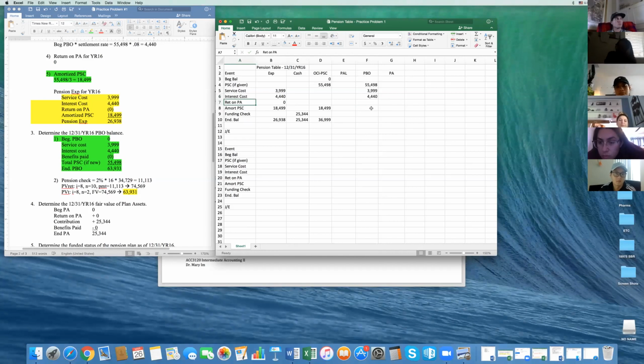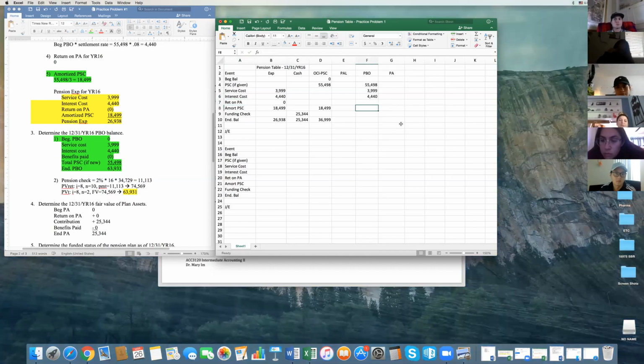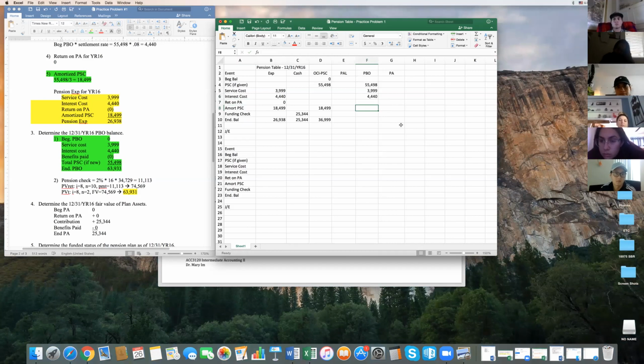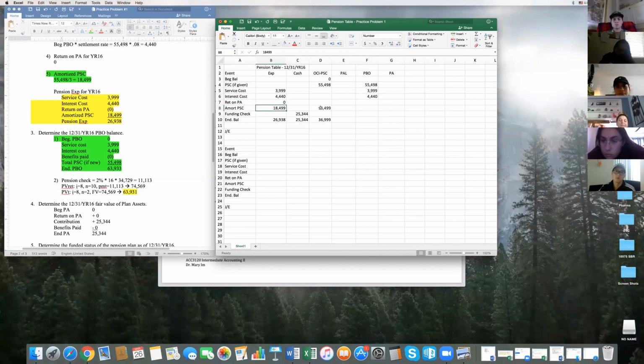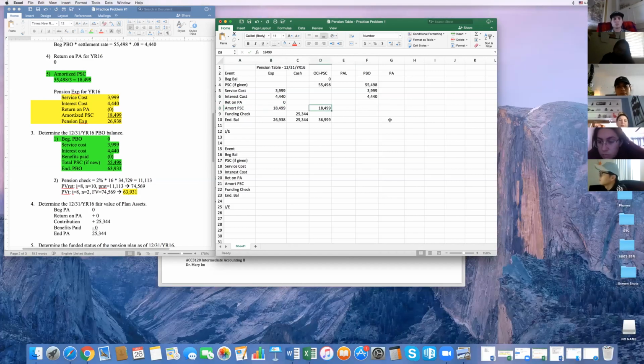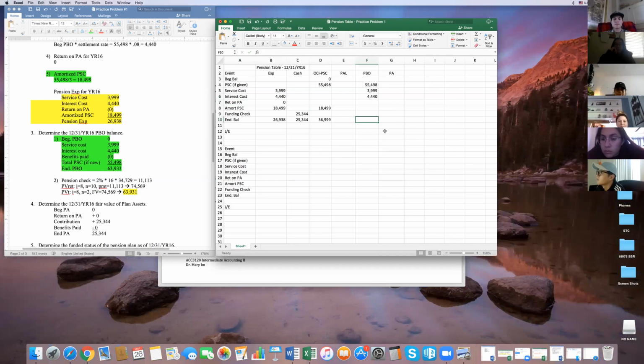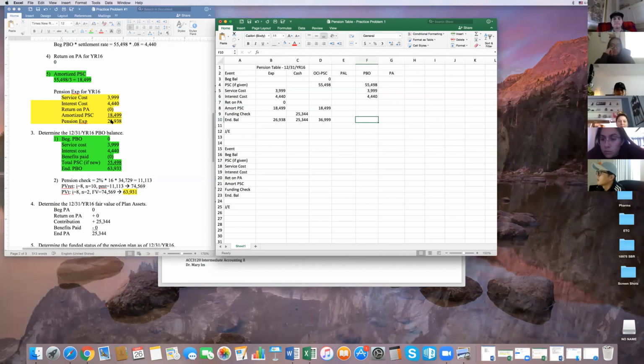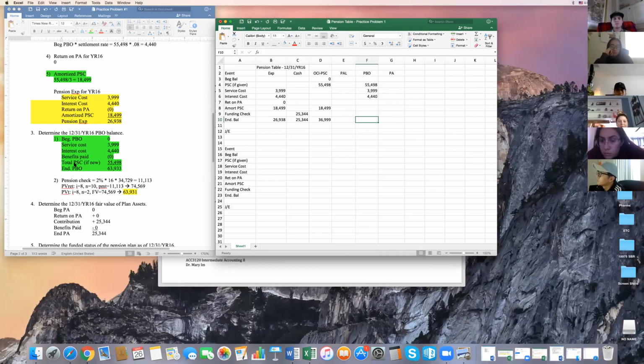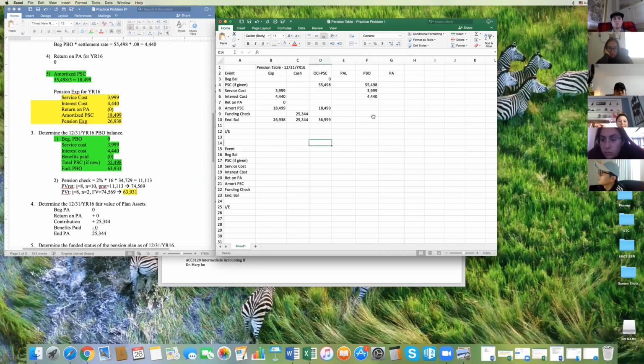Now the amortization of prior service cost doesn't affect the PBO. It only has to do with the pension expense and the OCI. And then funding check, that will be about the plan asset. Oh, benefits paid, pension benefits paid was 0 for the period, so that will be 0.